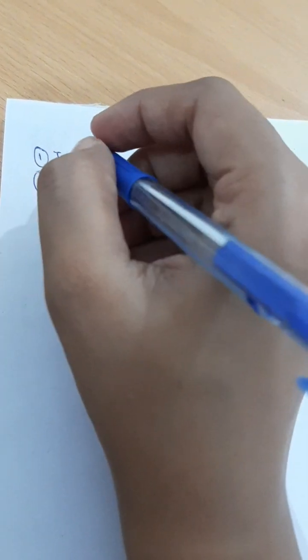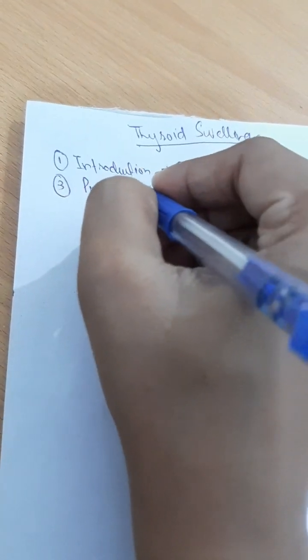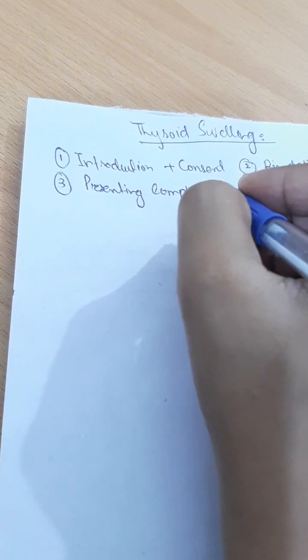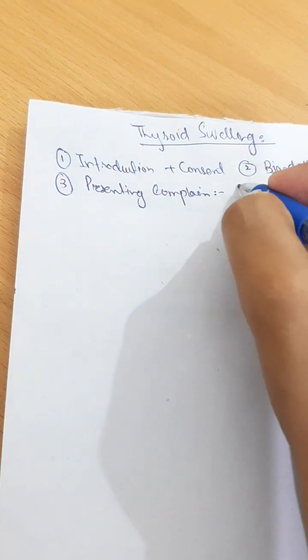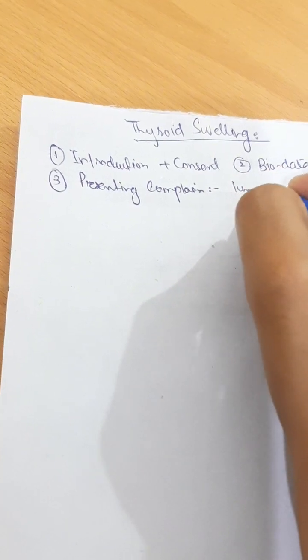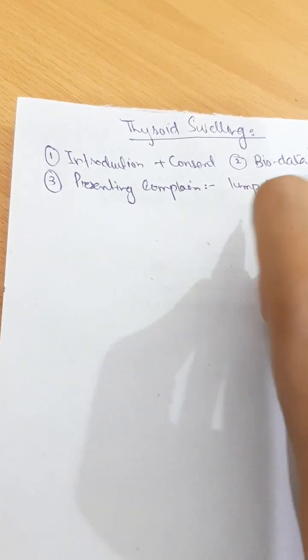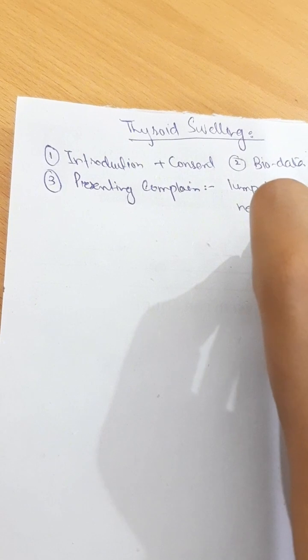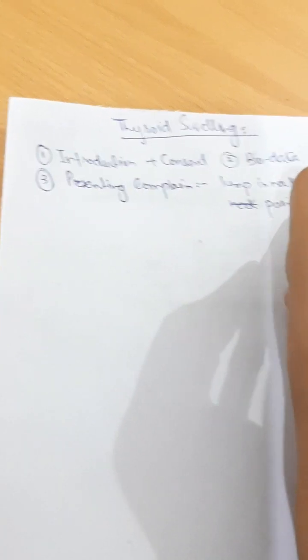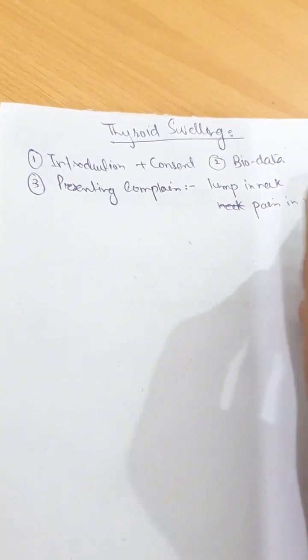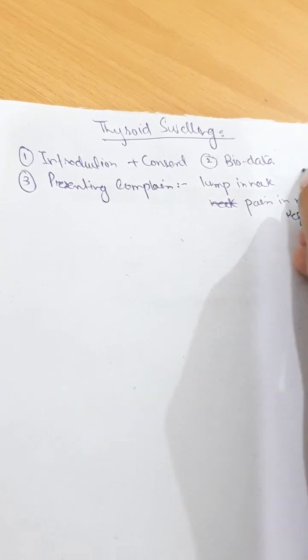Then come to the next part, which is presenting complaint. So basically the patient presents with a lump in the neck, or sometimes with pain in the neck region. So these are the primary complaints.